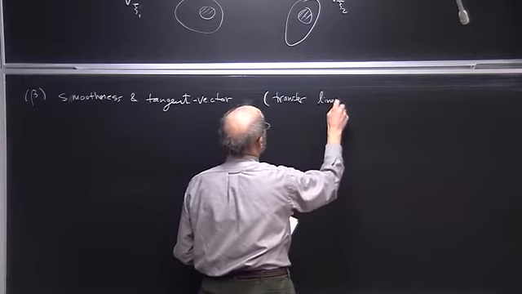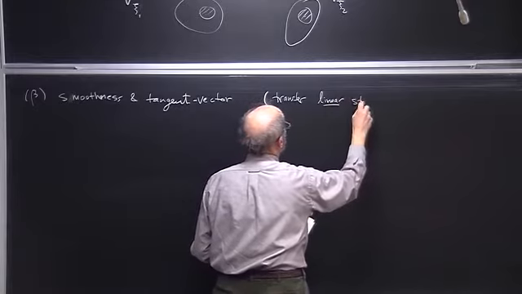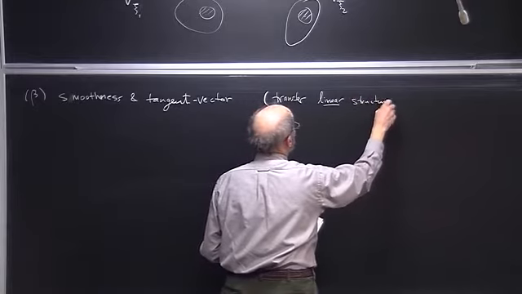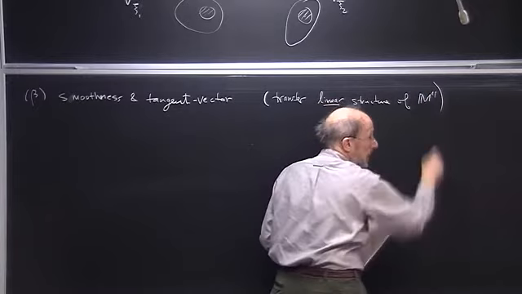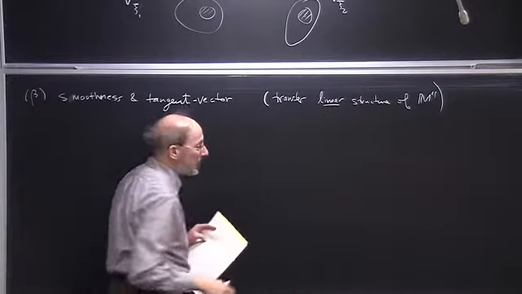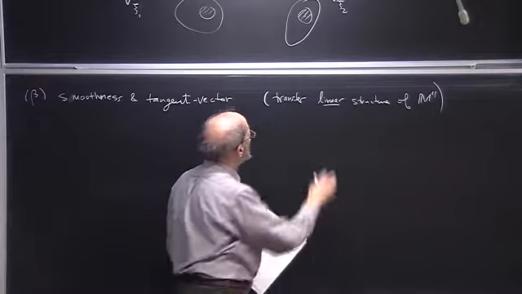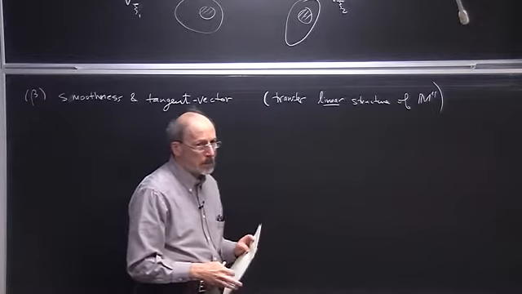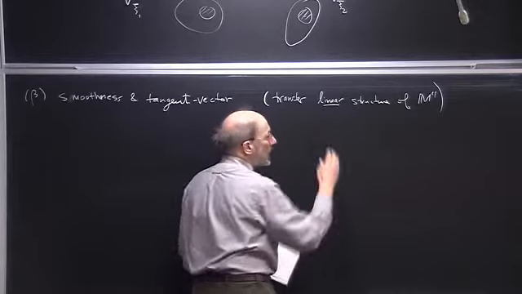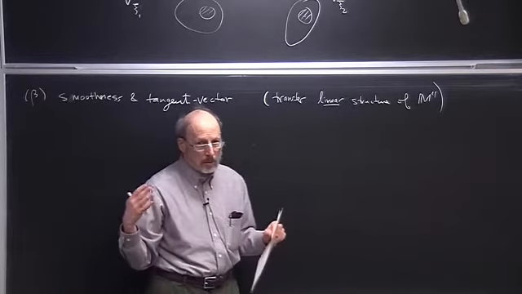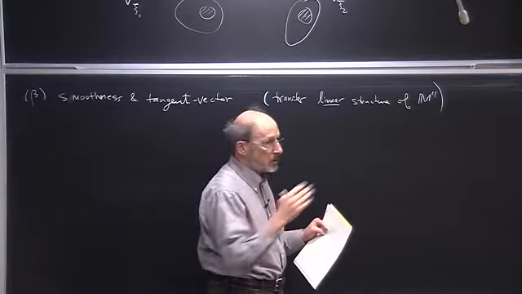Before, we transferred the topology. Now we're going to transfer the linear structure of the vector space, which could be Minkowski space, to the space-time. When I say the linear structure, that just means the thing that makes it a vector space. In particular, it's the thing that allows us to identify within Minkowski space what is a straight line.